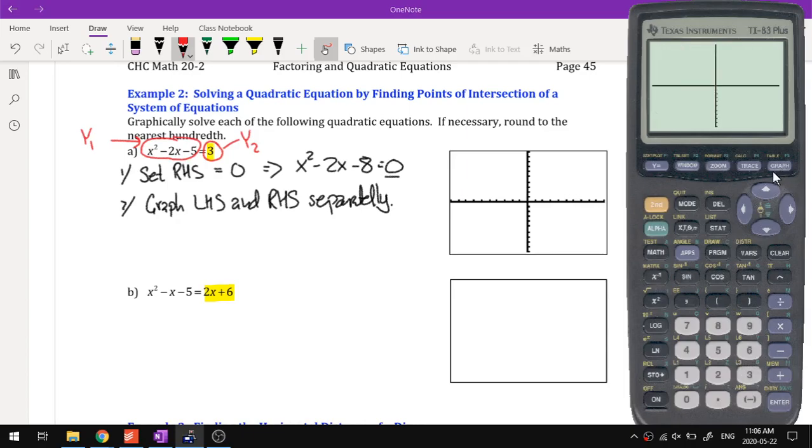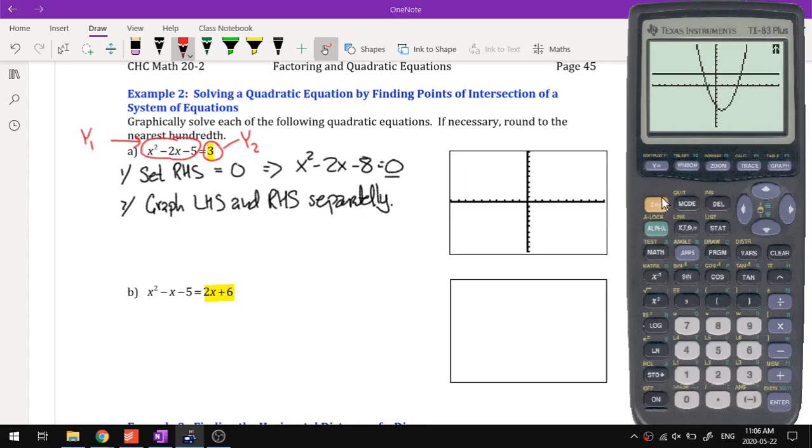Then we graph it. Now we get our quadratic function, that's our left-hand side, and in this case a horizontal line, that's our right-hand side. To find the solution here, we're looking for the points of intersection. Specifically, we're looking for the x-coordinates where these two graphs cross each other. Our graphing calculator can help us find those x-coordinates.